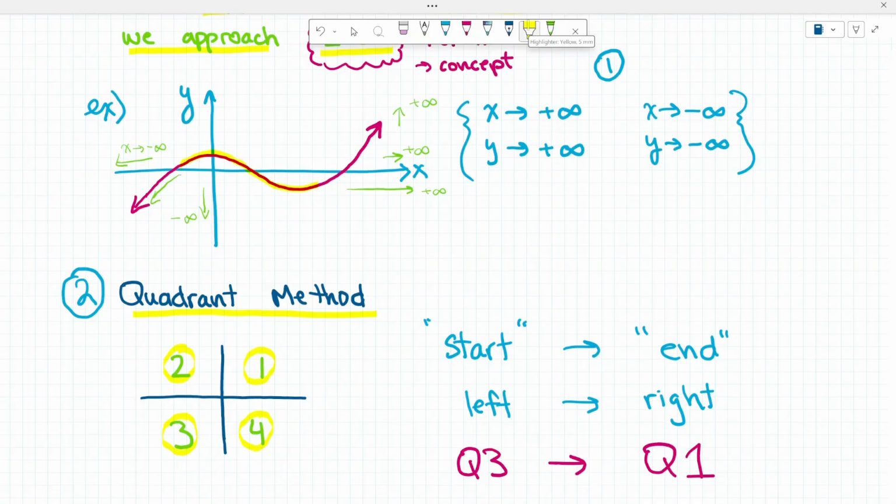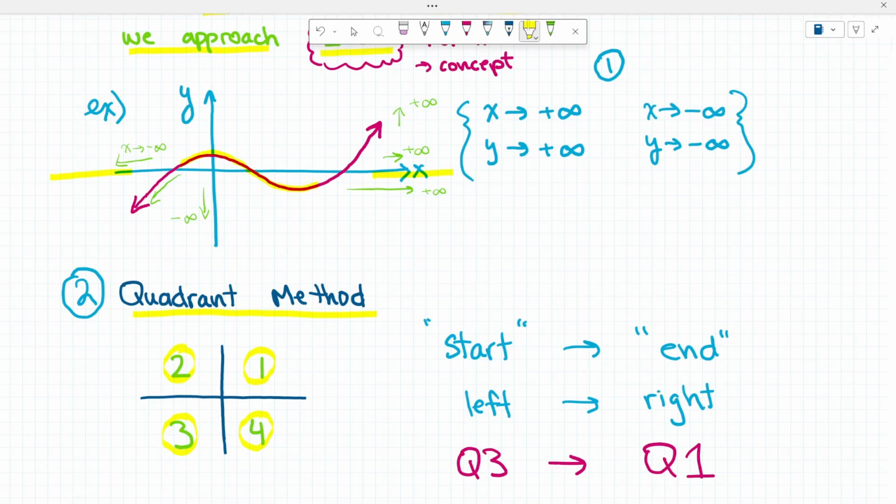All we care about is what happens to our function as x gets really large, as it approaches infinity, or really small, as it approaches negative infinity. That's why with our quadrant method, we just care about what's happening as close as we can to the beginning, to right at the end.